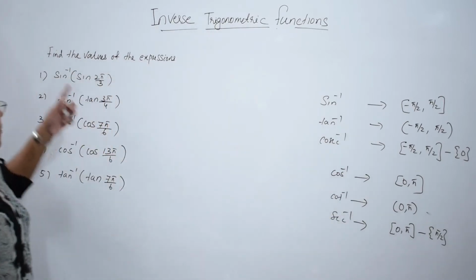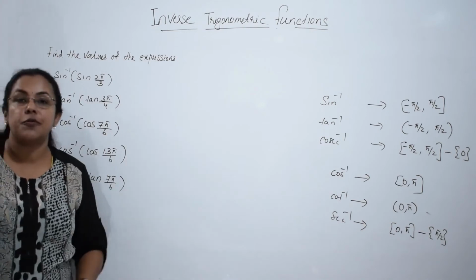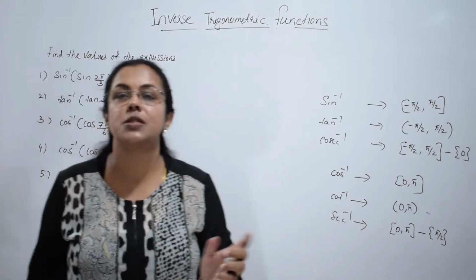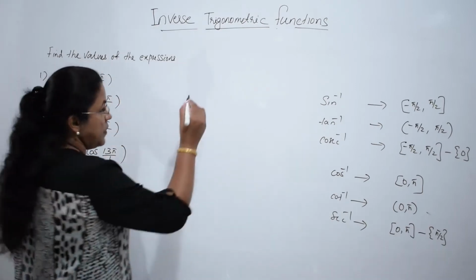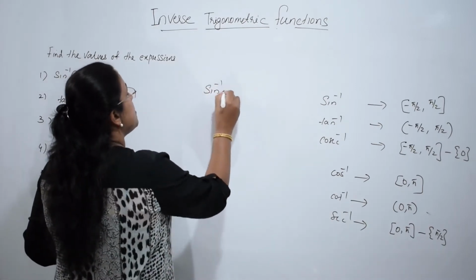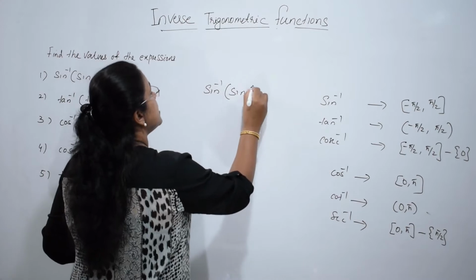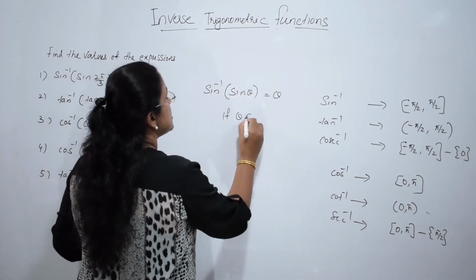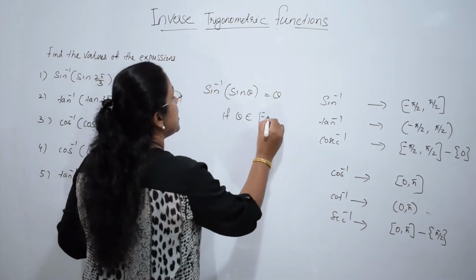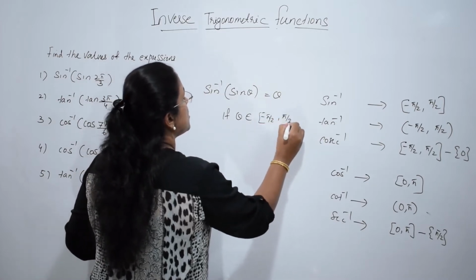Now, our question is find the values of the following expressions. Value means principal value itself. Before starting the question, first thing you have to remember is sine inverse sine theta is equal to theta if theta is an element of minus pi by 2 to pi by 2.